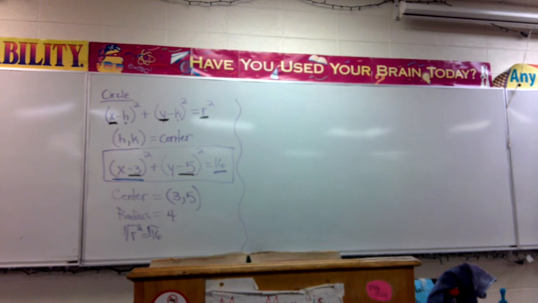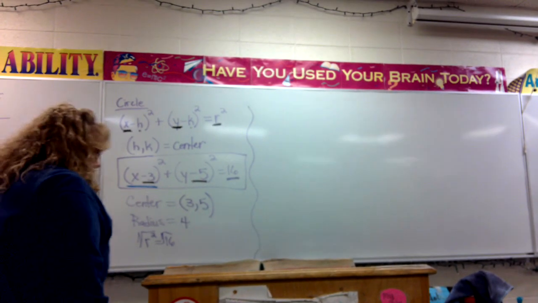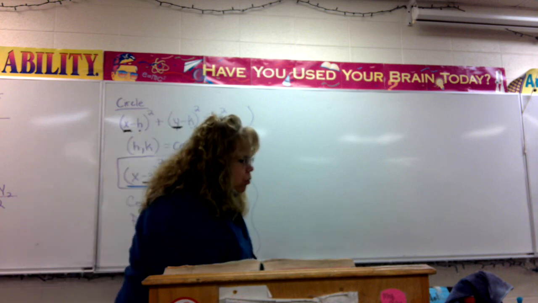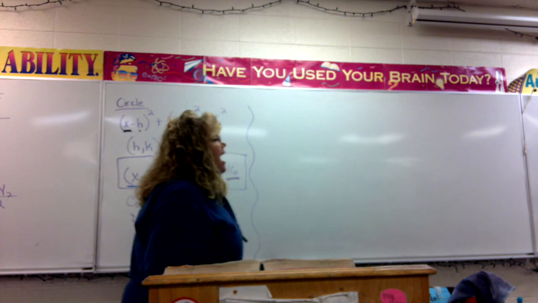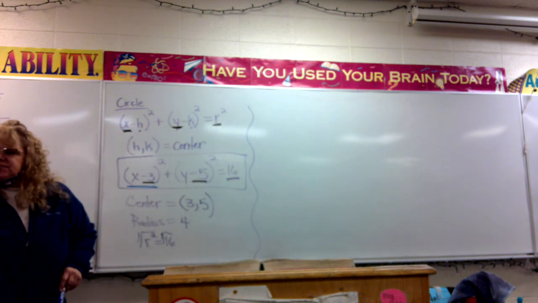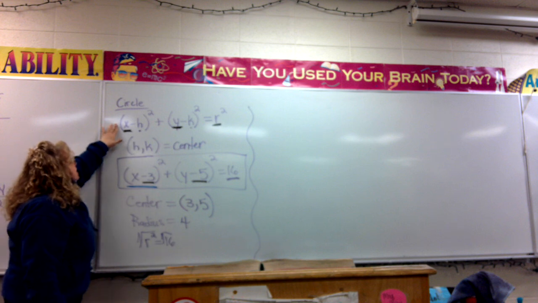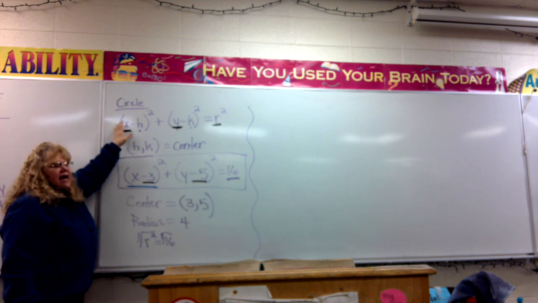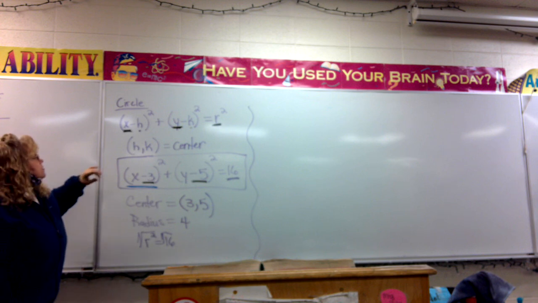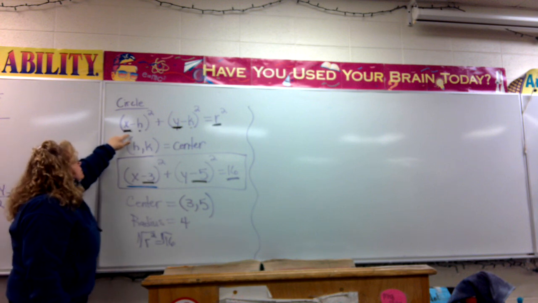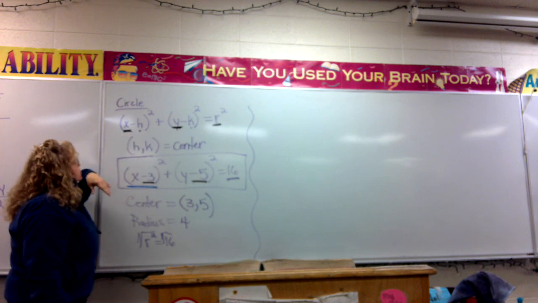Sit. So if you remember on Friday, we were talking about circles and the equation of a circle. And we started with the basic equation. And we said, just like an equation for a line, y equals mx plus b, this equation has numbers in there that mean something about the circle.